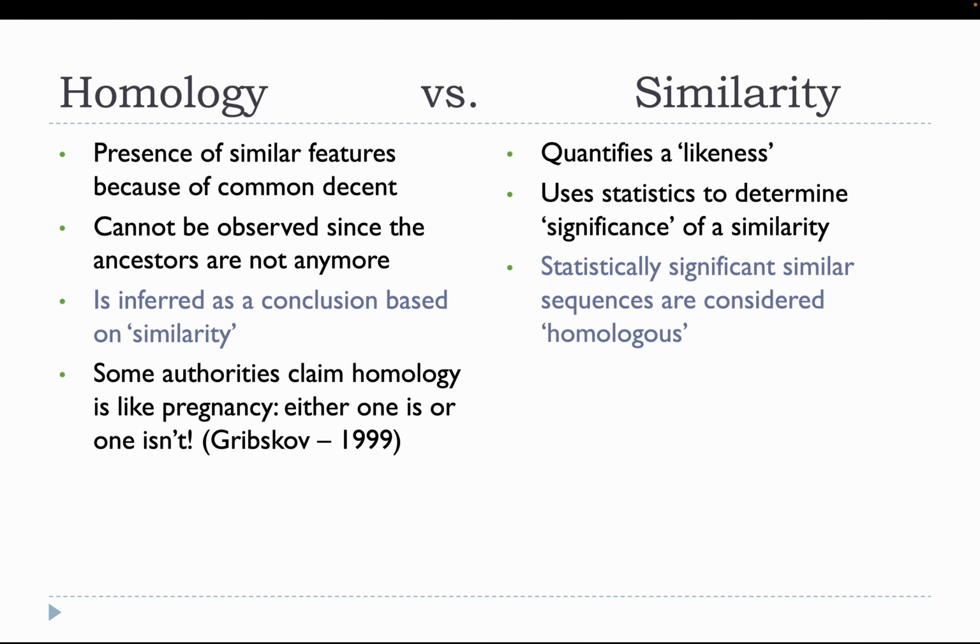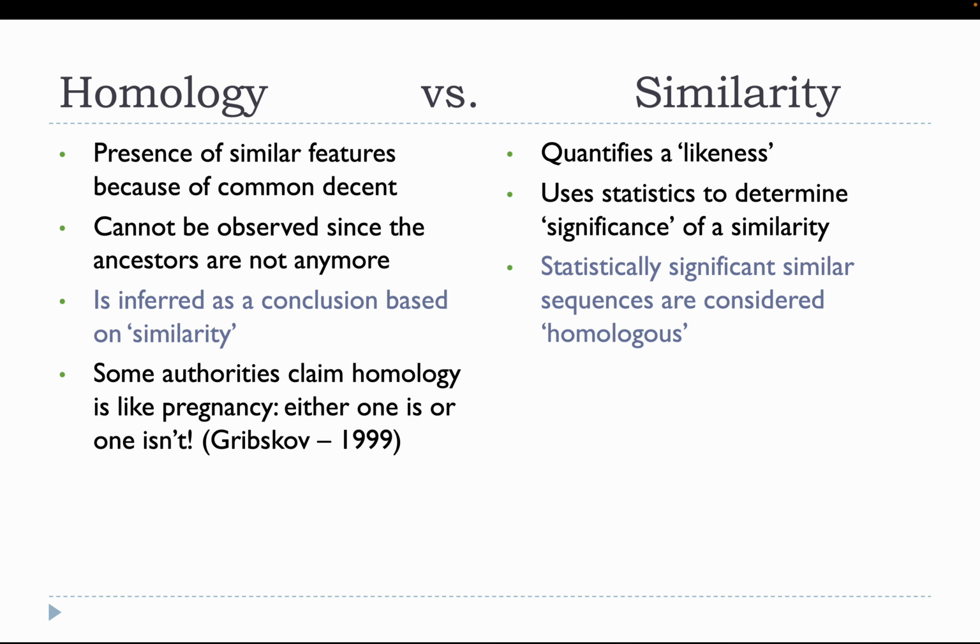Now, in terms of talking about homology, we have to just revisit the idea that homology is not the same as similarity. A lot of people will talk about similarity and homology as if they are the same, but in fact they're not. With homology, you've got similar features because of common descent.